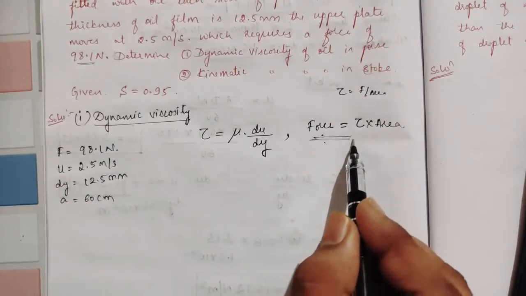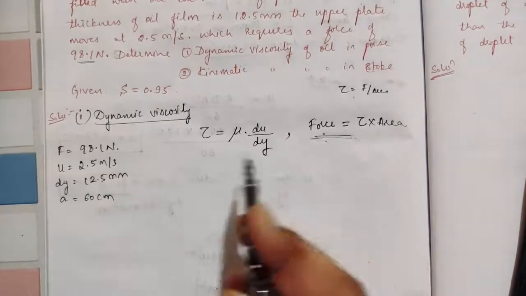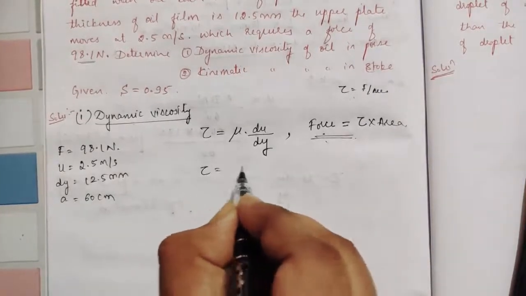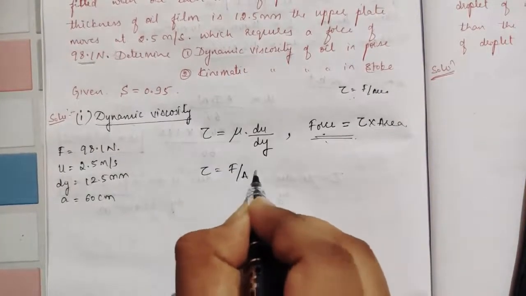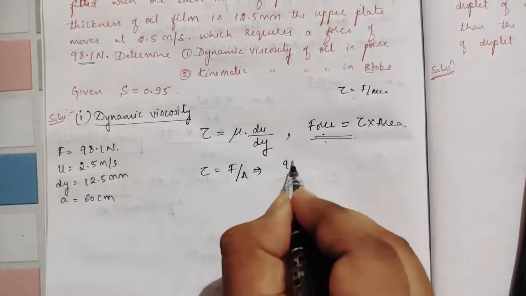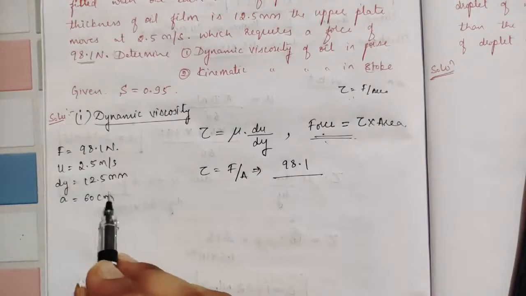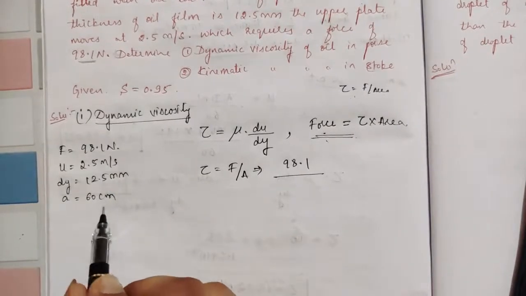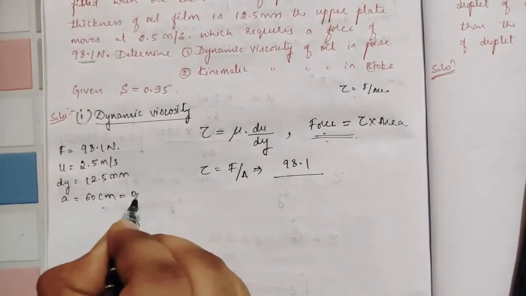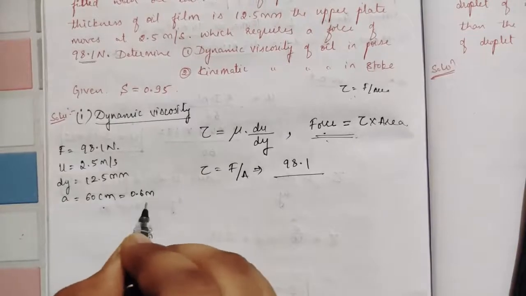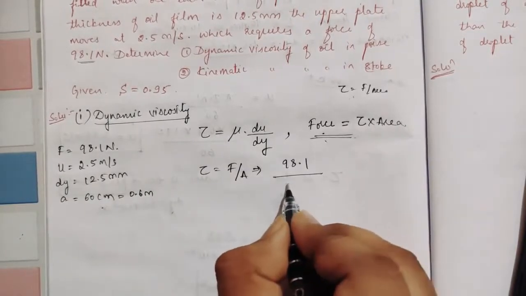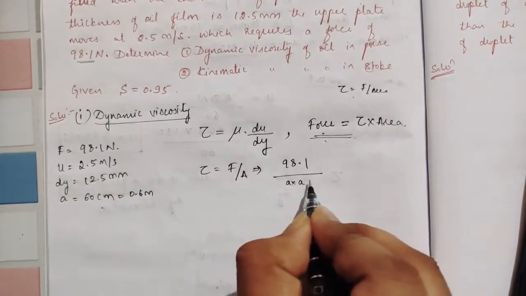By this formula I can calculate tau. So tau is equal to force by area. What is the force? 98.1. What is the area? It is a square plate, so 60 centimeter is 0.6 meter, and area of the square is a into a.